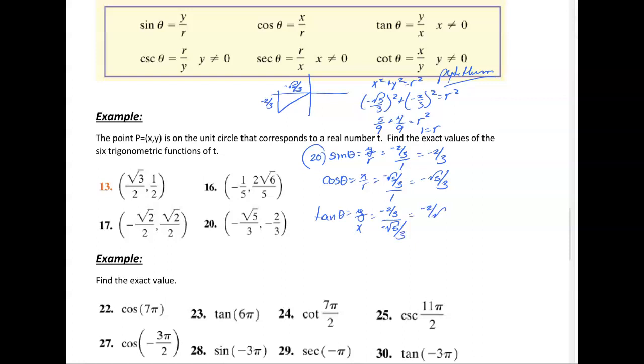Negative 2 over 3 times negative 3 over square root of 5. Negative times a negative is going to give us a positive. So we're going to have 2 square root of 5 over 3.